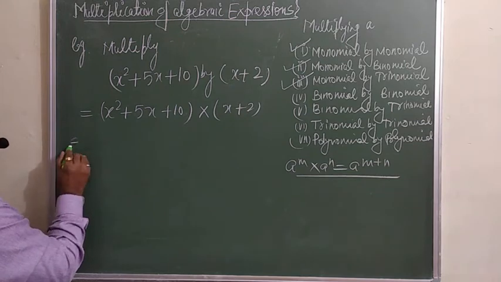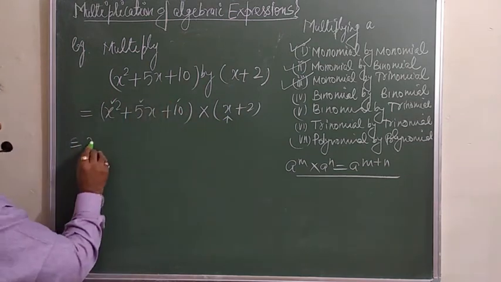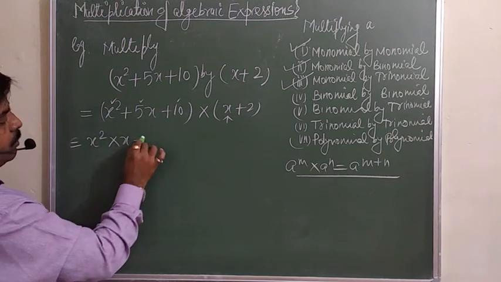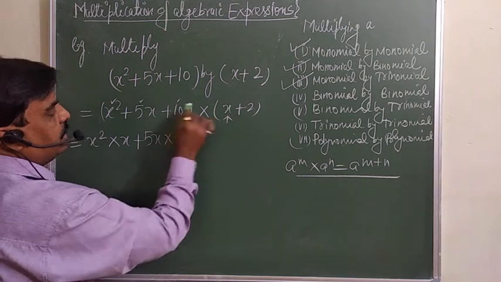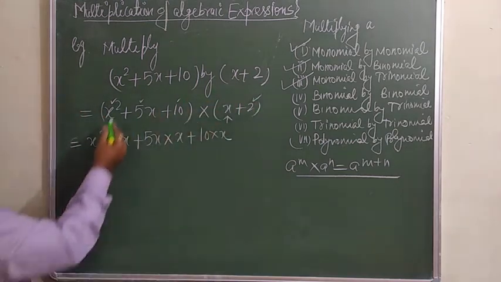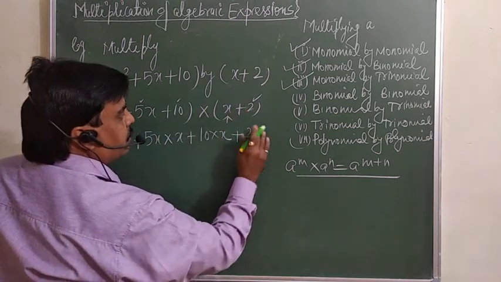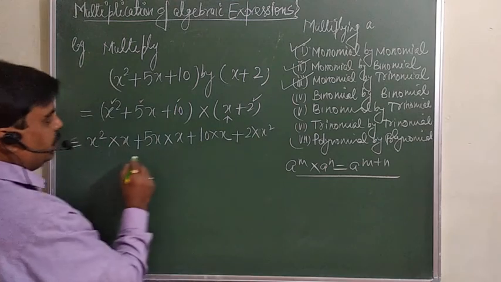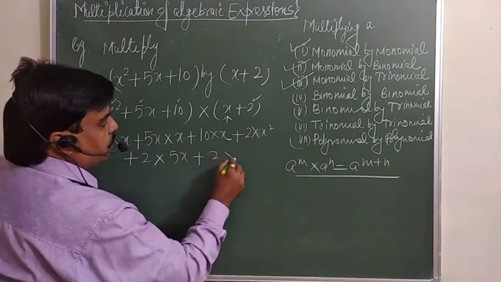First, by this x we will multiply: x square into x plus 5x into x plus 10 into x. Now by this 2 we will multiply: plus 2 into x square plus 2 into 5x plus 2 into 10.